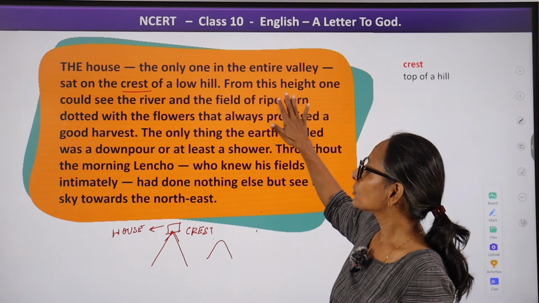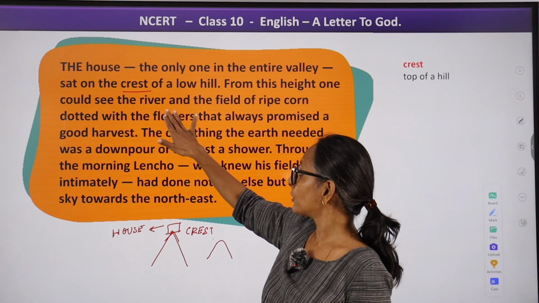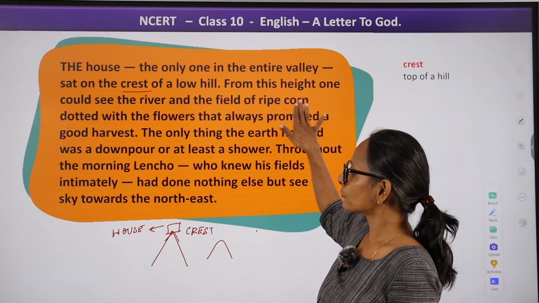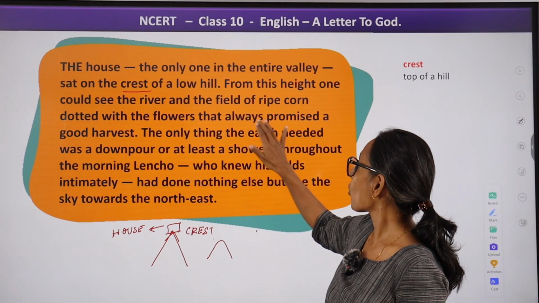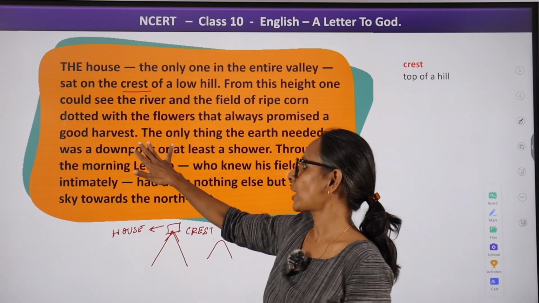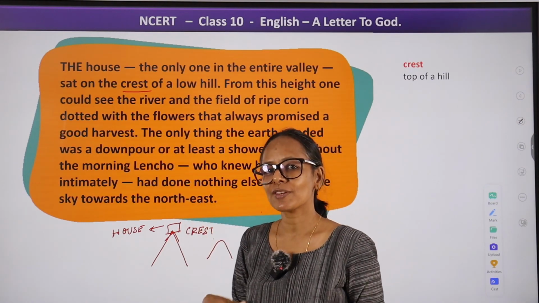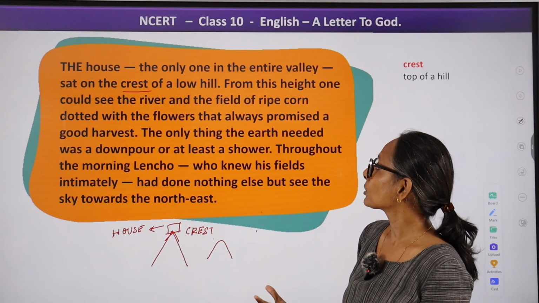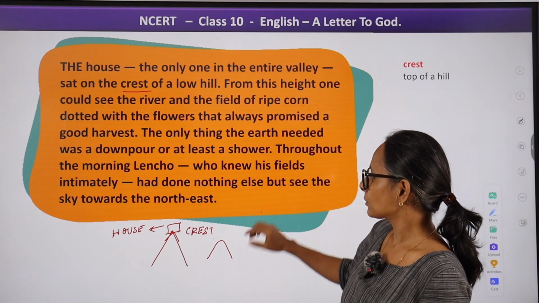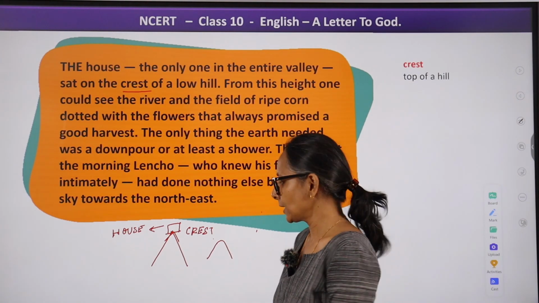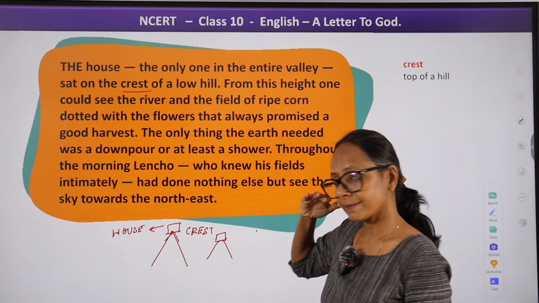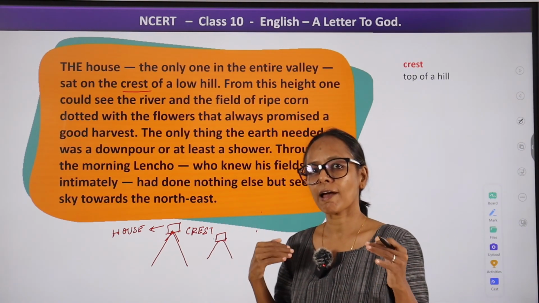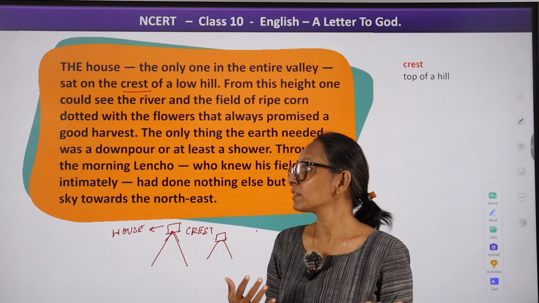From this height, one could see the river and the field of ripe corn dotted with the flowers that always promised a good harvest. So, what are they talking about here? From which height do they mean? If you stand here on the top of the hill at that height and look, what can we see?